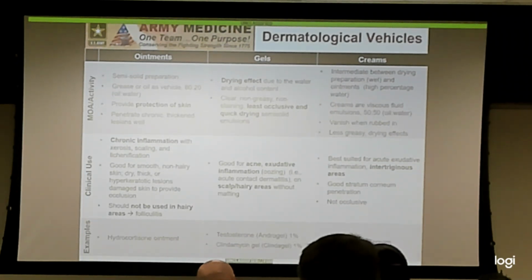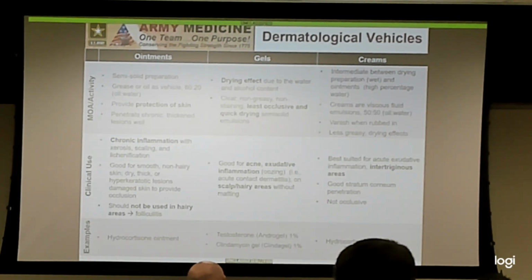It will help you with things that are wet, but it also has some of those properties that will help you with things that are already dry. Okay, so it's in between. Less greasy drying effects. So boom.